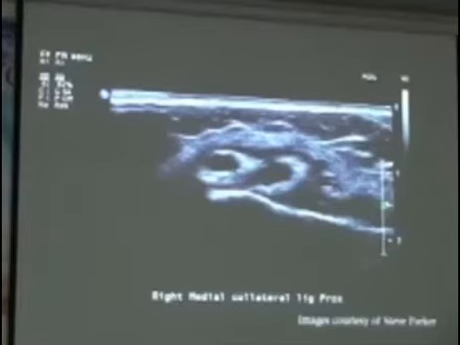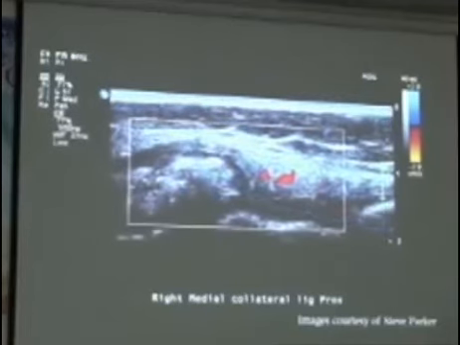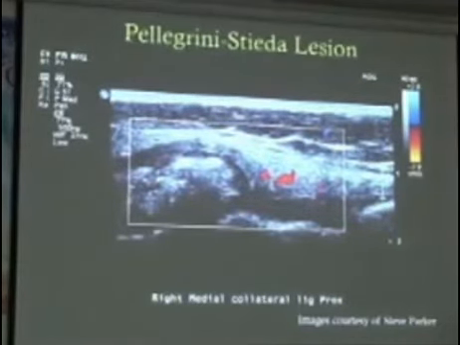And this is a Pellegrini-Stieda lesion, and it's very common. It's a secondary result to a tear within the collateral ligament. And the patients, when you examine these, they're very focally tender when you palpate that area.